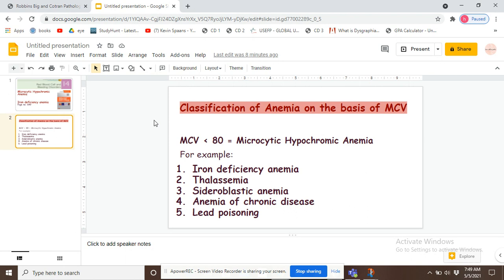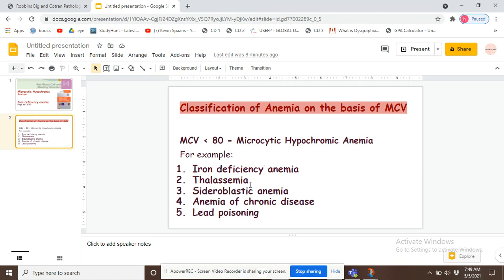So in today's lecture, we are starting the first type of anemia, which is microcytic hypochromic anemia, in which MCV is below 80 femtoliters. What is MCV? Mean corpuscular volume. The average volume of the red blood cell is called MCV. These are the five types of microcytic hypochromic anemia. First, iron deficiency anemia.